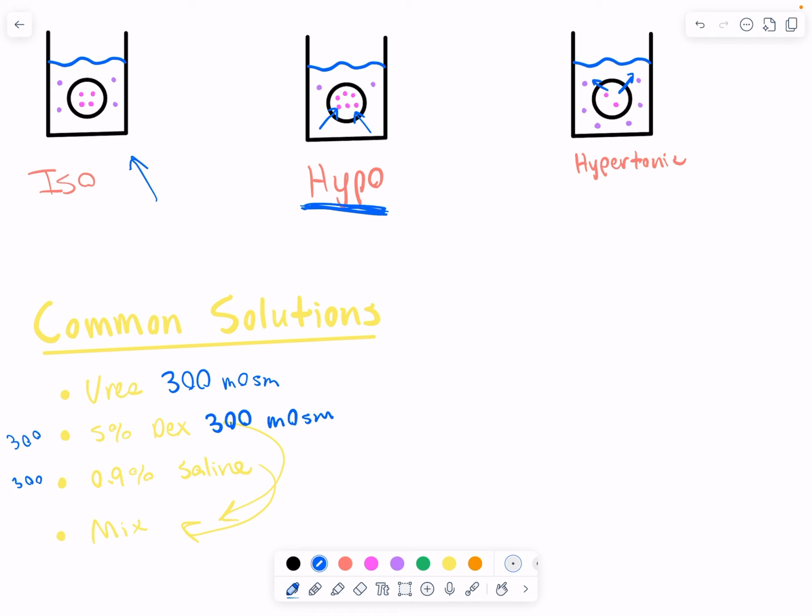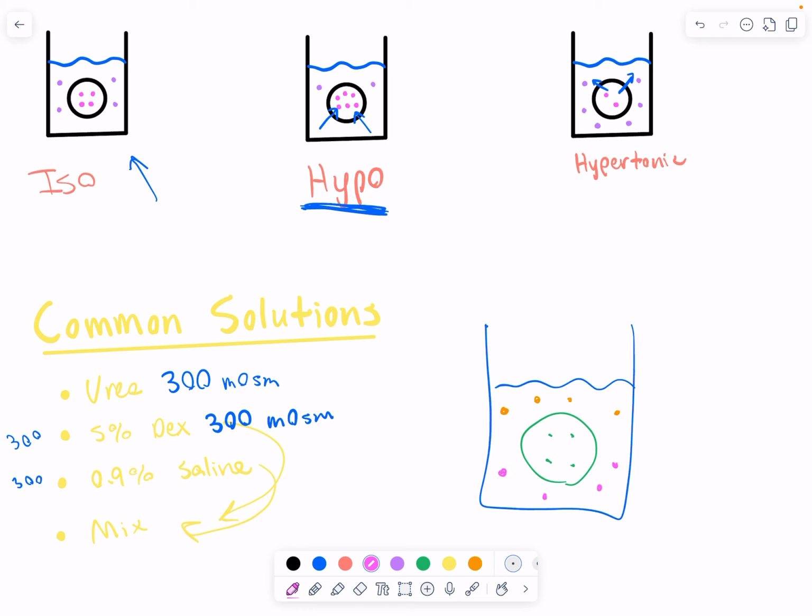It would be isotonic. However, if we mix the two, let's draw this out. If we have a mix of the two, if we have a cell, it's got 300 milliosmoles on the inside, and let's say the outside has 300 of dextrose and 300 of that saline.